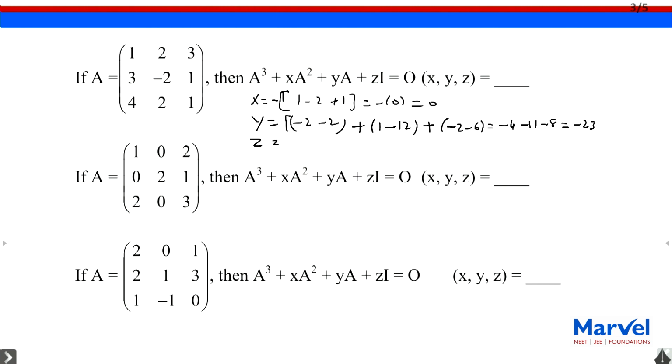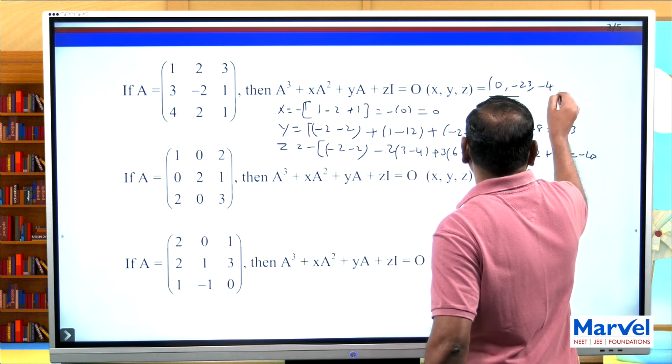And z equal to minus of the determinant: 3 minus 4 plus 3 times 6 plus 8, minus 4 minus 1 plus 2, and this is 14, 42, 44 minus 4, 40, this is minus 40. Therefore, the answer is 0, minus 23 and minus 40.